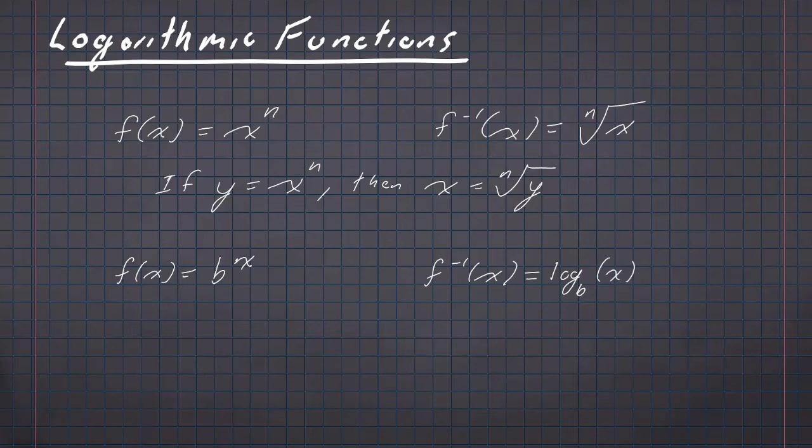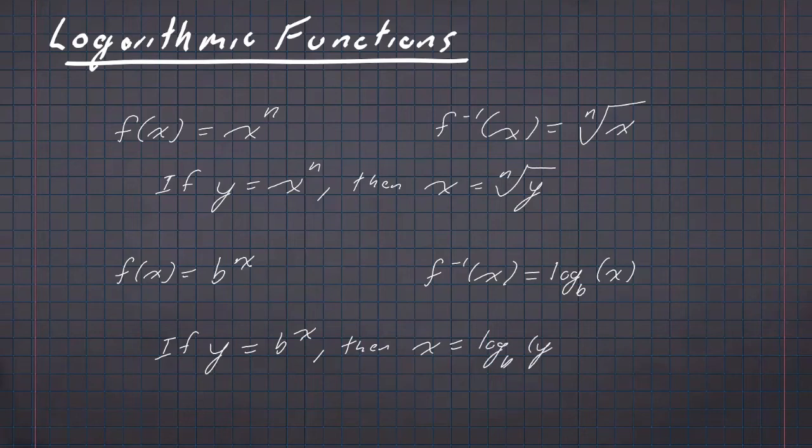So if f of x is b to the x, the inverse is going to be log base b of x. And again, another way of writing that, if y is equal to b to the x, then x is equal to log base b of y.